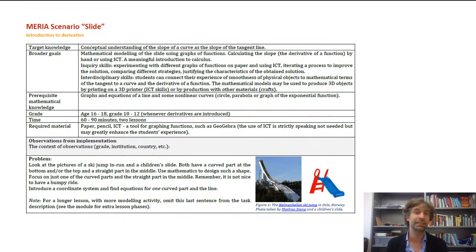They'll tell you what the target knowledge is, what the broader goals are, and prerequisite mathematical knowledge. What's not on this slide is a much more extended description of what the lesson will be like, but you will recognize the 5 stages that I just presented in the previous slides. I hope you were able to ignore the terminology there, because that's not important. What's important is those 5 stages and what you do there.